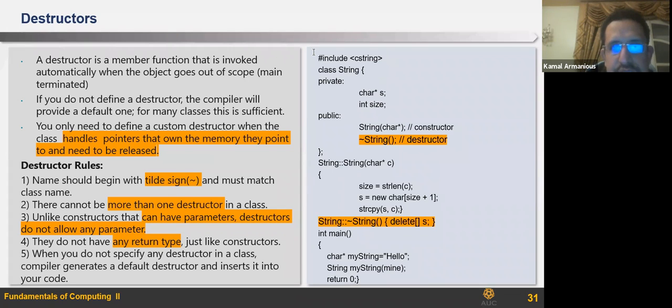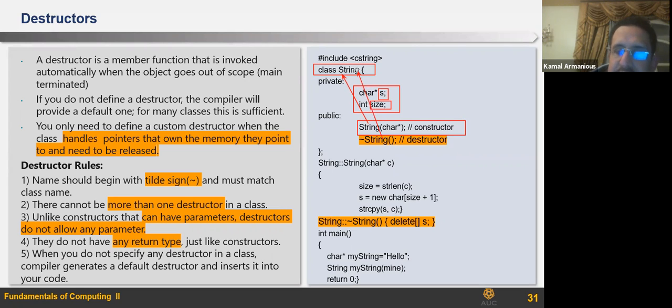So this class is named string. I have two private members of the class, S and size. This is the name of the constructor, and this is the name of the destructor.